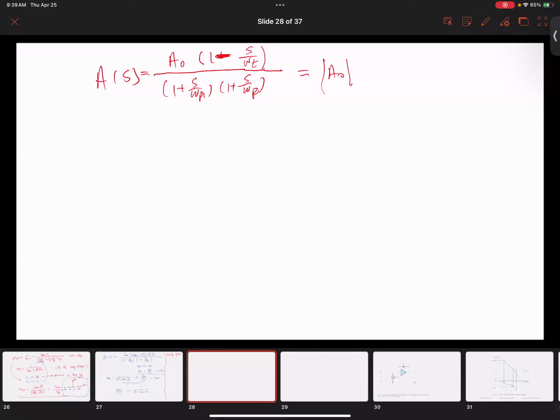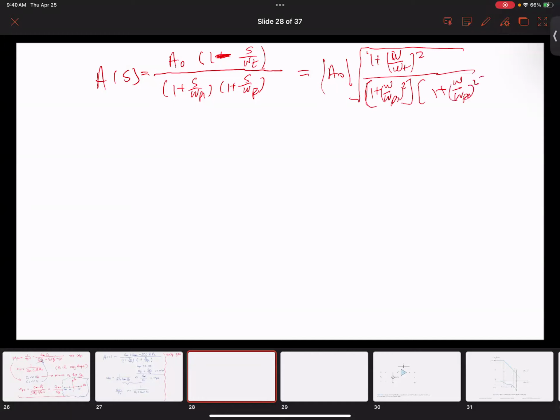And then in this case, for example, it becomes 1 plus omega over WZ squared. And then at the bottom, you have 1 plus omega over WP1, and then you have 1 plus omega over WP2.